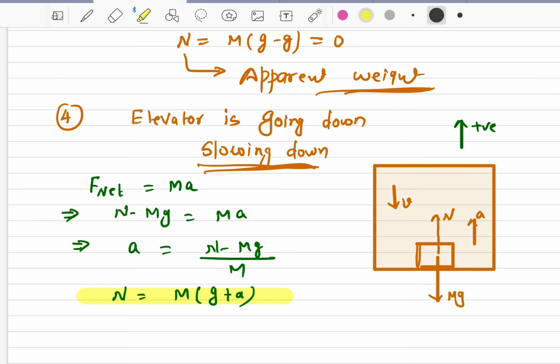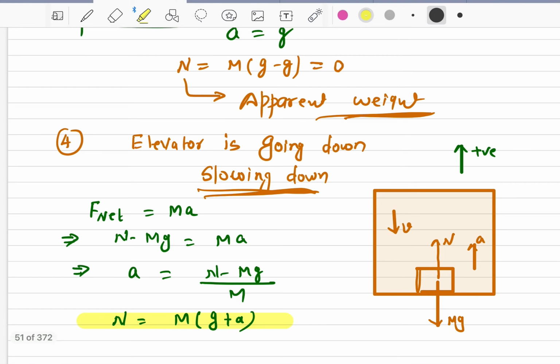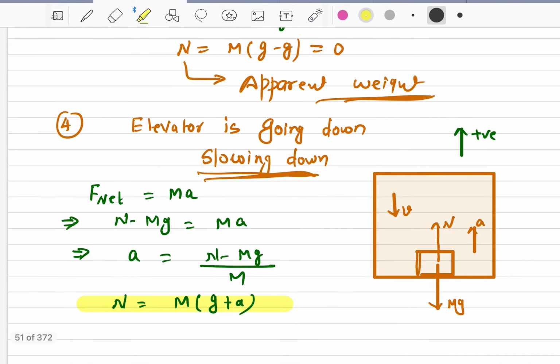So your weight is not a fixed quantity, it is a variable quantity. If you go from one place to another, even in an aeroplane or in an elevator, your weight just changes, and this is how you calculate your weight, or the normal force. This is in fact the apparent weight.